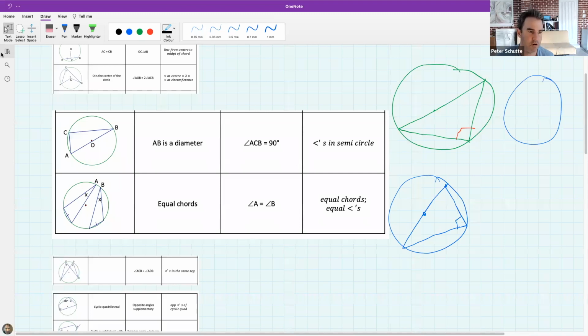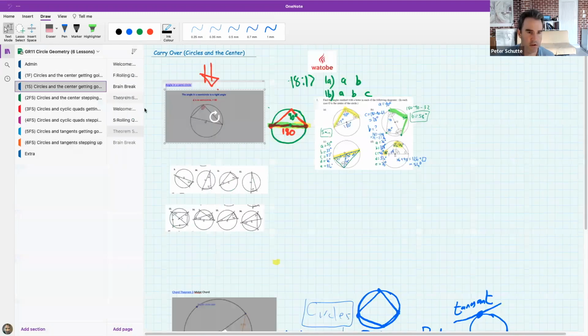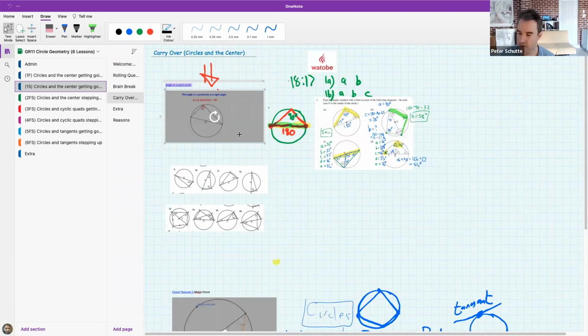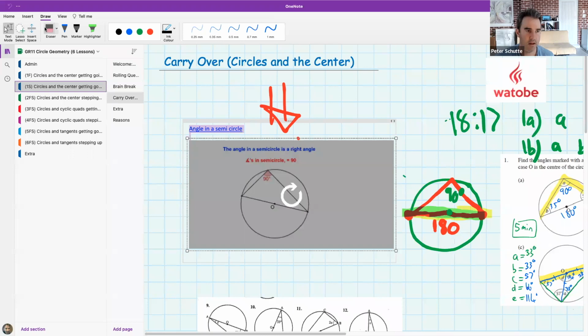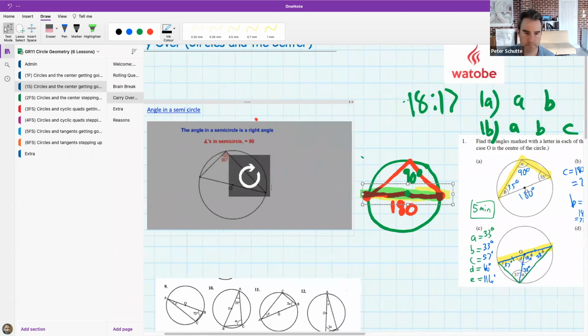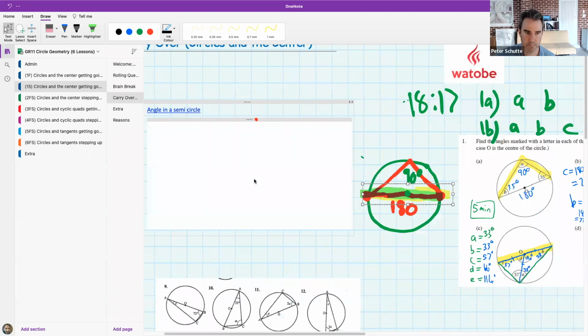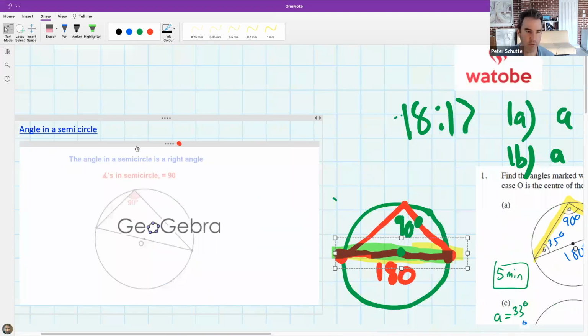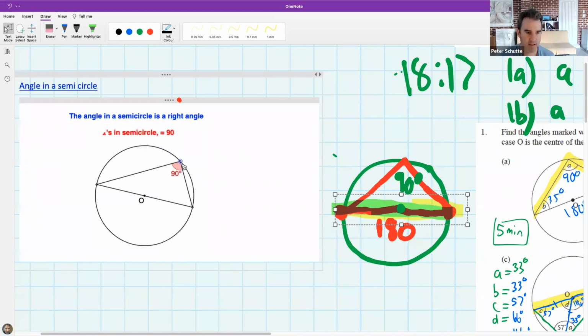In fact, let me show you, going back to lesson 2. Let me zoom in here, and let's have a quick look back in the past. If you want to watch the recording of lesson 2, it is available, but have a look here at how, if you move it around, the angle from the diameter stays the same.